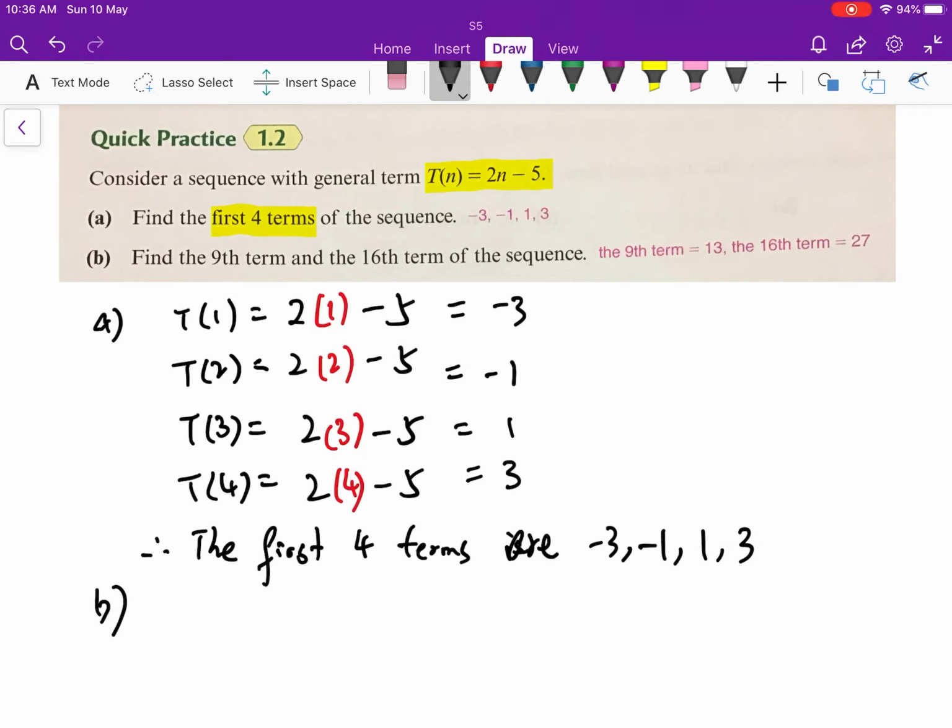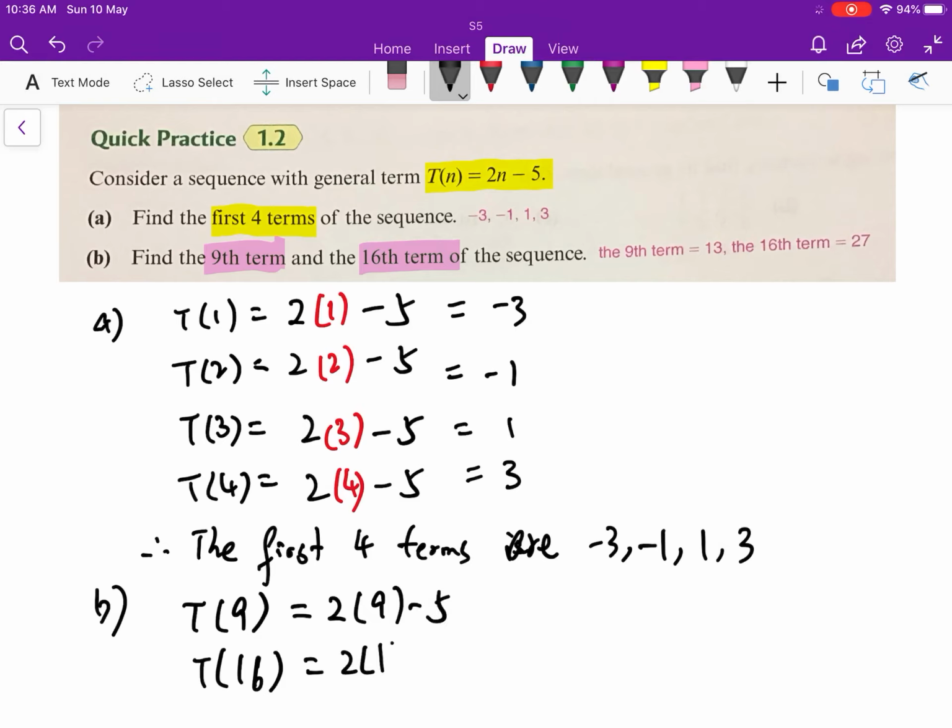Now we go to the B part. The B part is not asking you to find the first 4, but a specific one. Please tell me the terms in position 9 and 16. Again, the same skill: T9, T16. That's it, not difficult, right? We just do the substitution and then we have the final answers, 13 and 27.